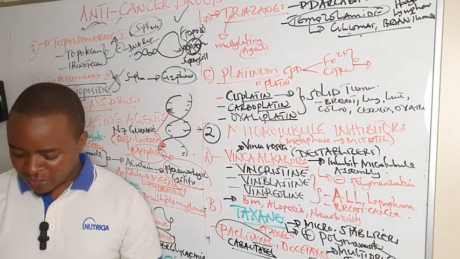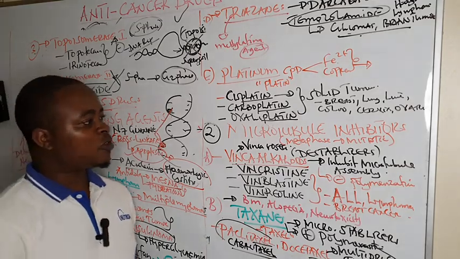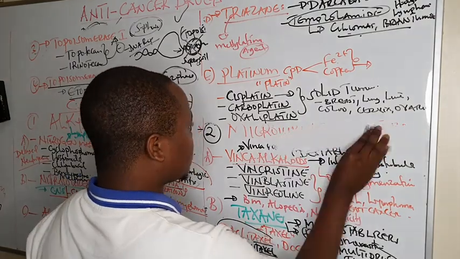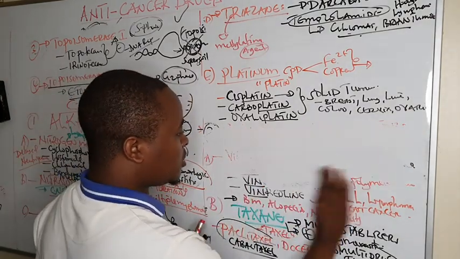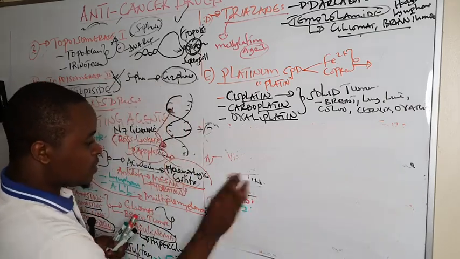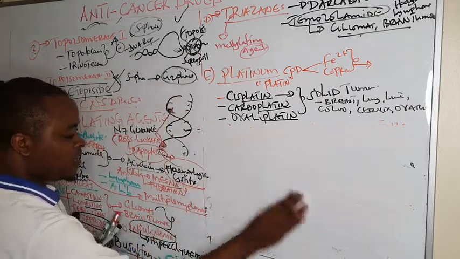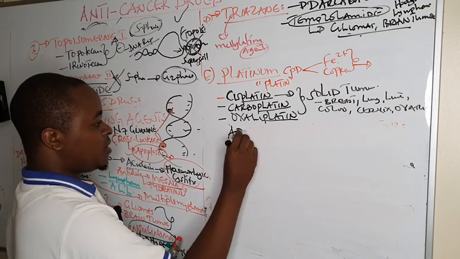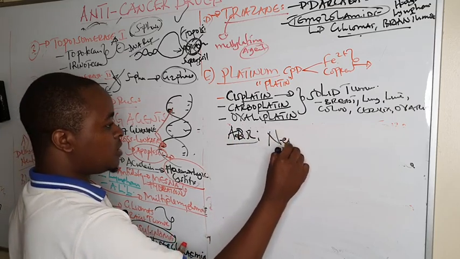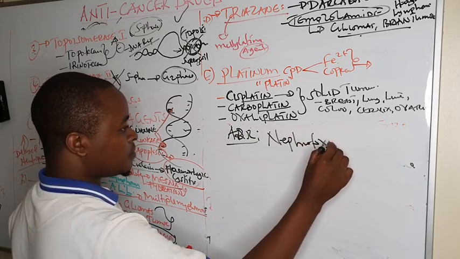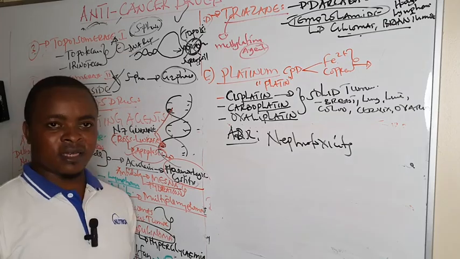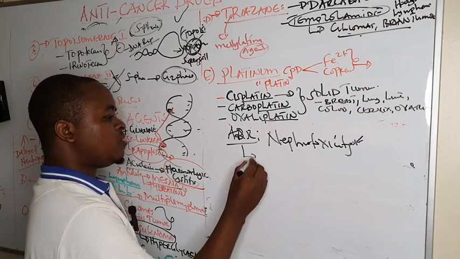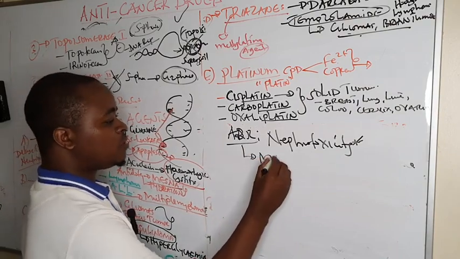And the major side effect of these platinum analogs is nephrotoxicity. They cause nephrotoxicity as their major side effect. Apart from others, the major peculiar one is nephrotoxicity, and we can prevent this by giving mannitol.